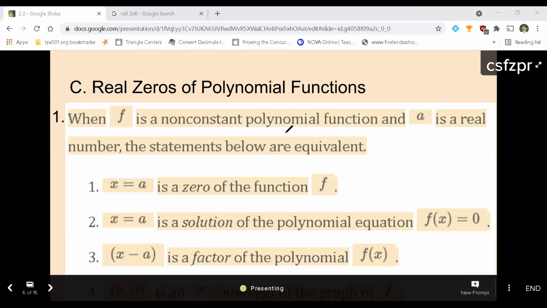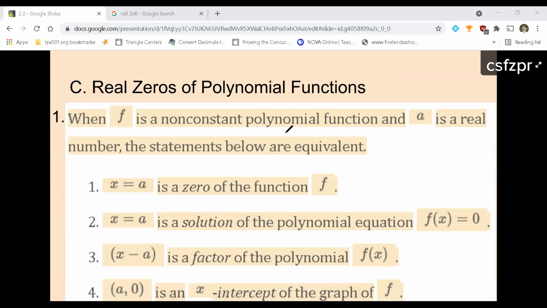The other thing that's tricky about this is there are so many synonyms for what it's asking for. If it asks you for a 0, that is the same thing as a solution, which is the same thing as saying that x minus a would be a factor, which is the same as saying that that number is an x-intercept, which is not written on here. That's also the same thing as roots.